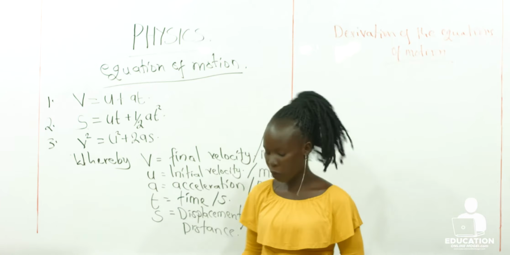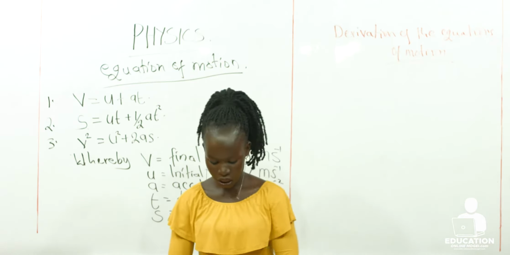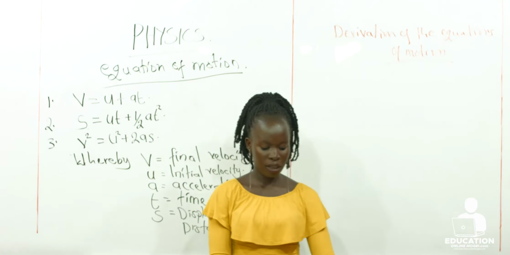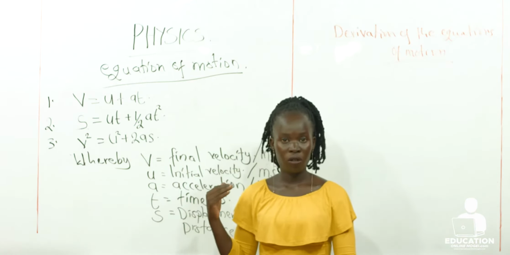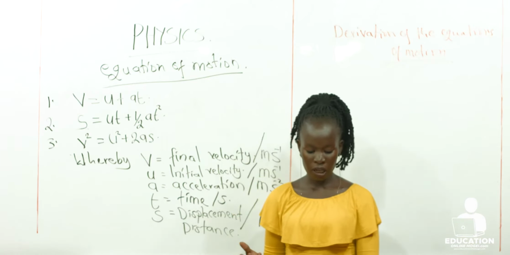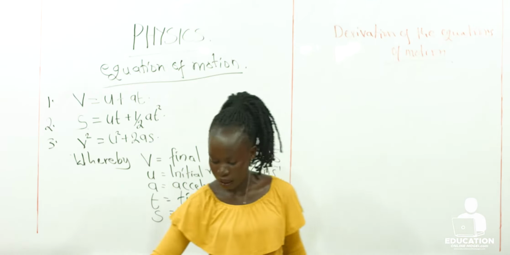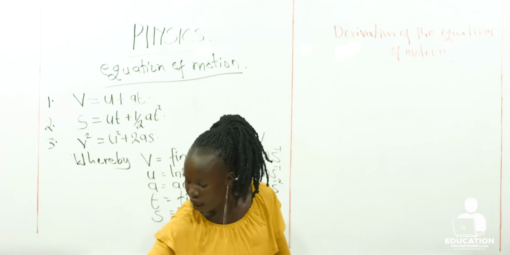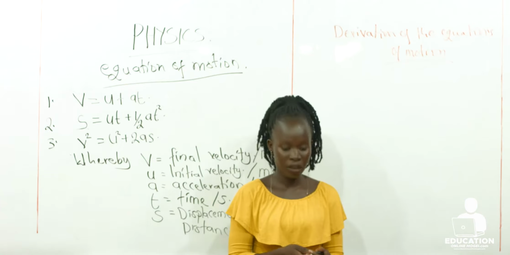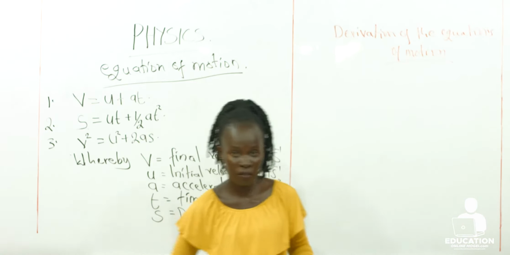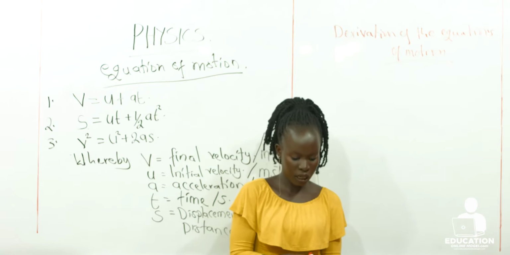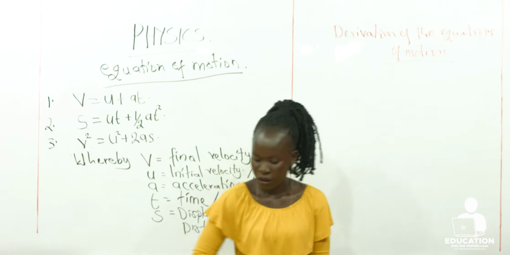How do you come up with the first equation of motion? To get that, let's talk of a body that is moving. If we have a body that is moving with a velocity v, and then it accelerates at a rate of a meters per second squared in time t.